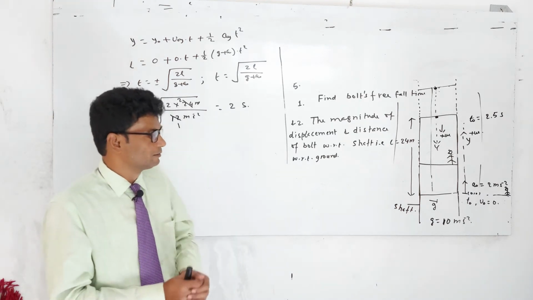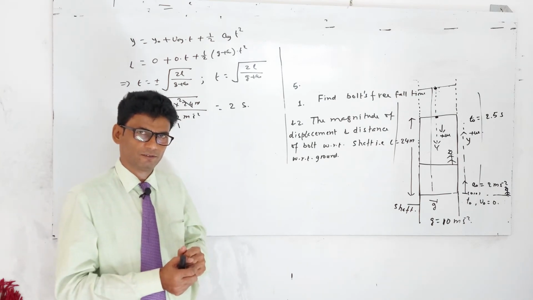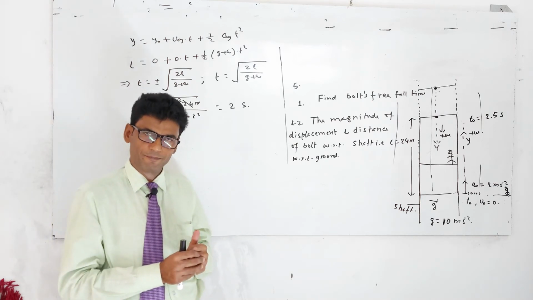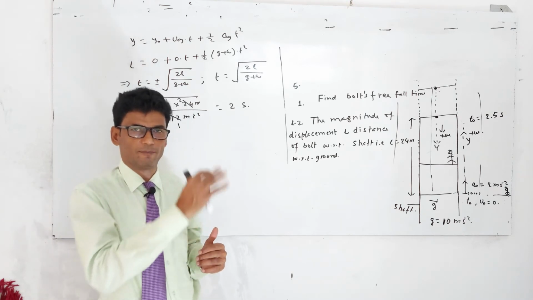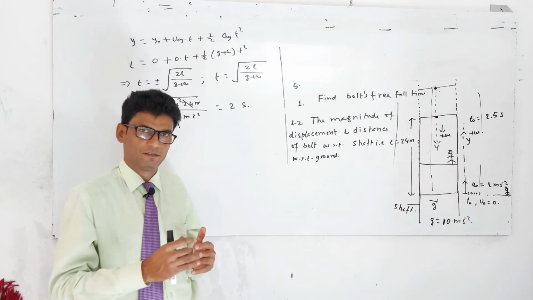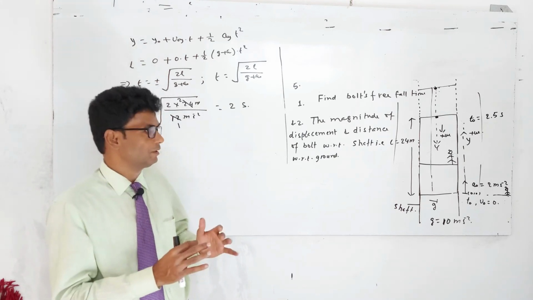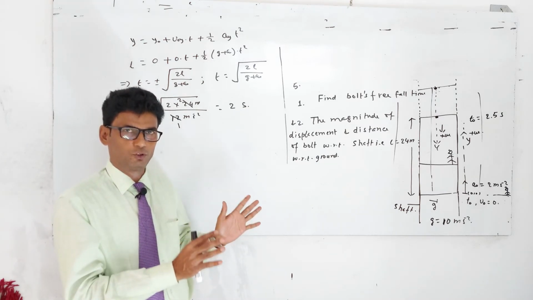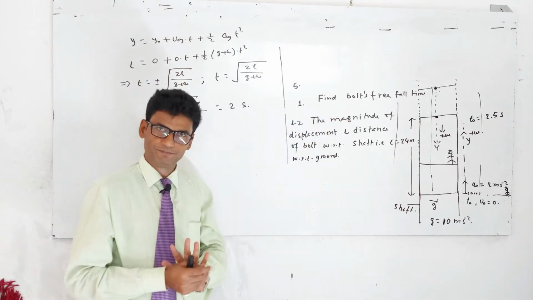Now we have to think about just after detachment. As seen from the ground frame, the velocity of the bolt is in the upward direction with speed 5 meters per second. After detachment, the bolt is under uniform gravity, as we assumed earlier.